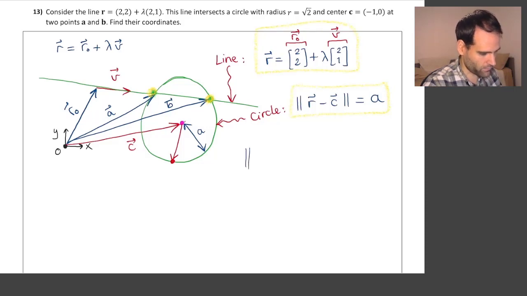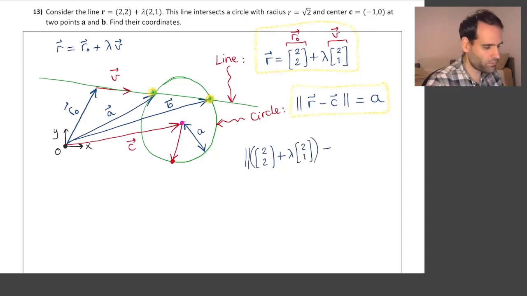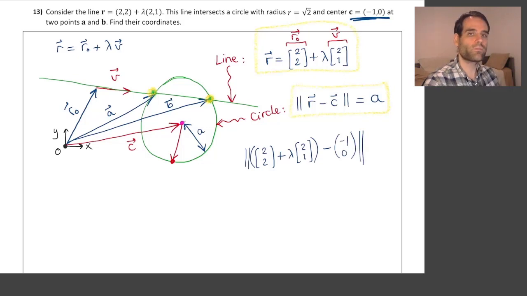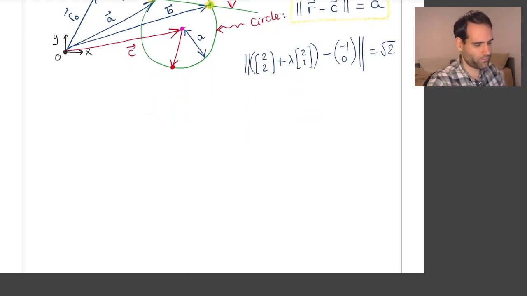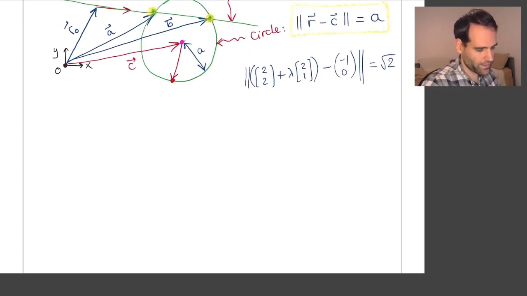So we start. For r, we substitute the equation of the line, (2, 2) plus lambda (2, 1). So that is r minus c, which is the center of the circle, which is given in the question, so minus (-1, 0). The norm of this subtraction is equal to a, which is the radius, which is given in the question as square root of 2. Okay, so now we develop this expression. Basically, I'm going to calculate whatever is inside this norm.